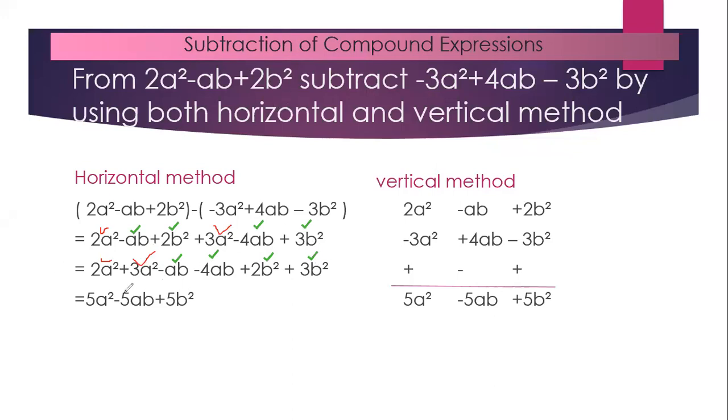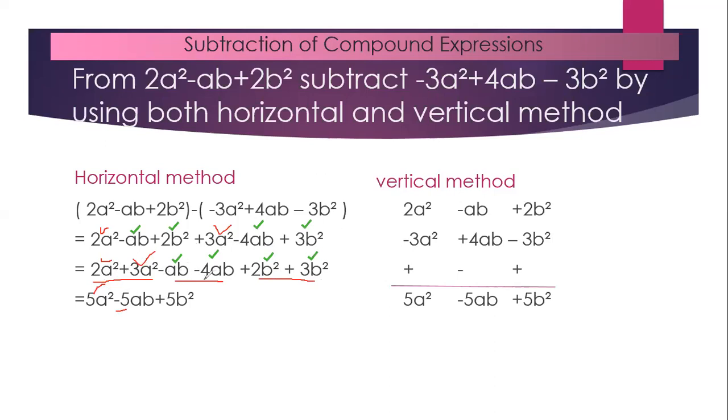Now, my dear, these two terms can be added, and these two terms can be added. Now 2 plus 3 is 5a square, minus 1 minus 4 is minus 5. Okay? Minus 1 minus 4 is minus 5. Clear?